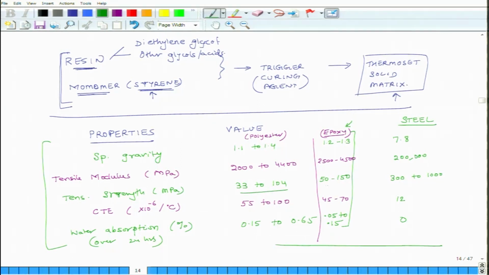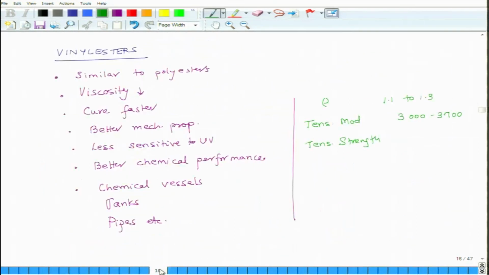So, this is 33 to 104. So, these vinyl esters are somewhere in between, 70 to 81, and CTE is again not a big difference, 50 to 55. So, broadly speaking, you have polyesters at the low end, epoxies at somewhat higher end, and vinyl esters are somewhere in between. That is where they are.